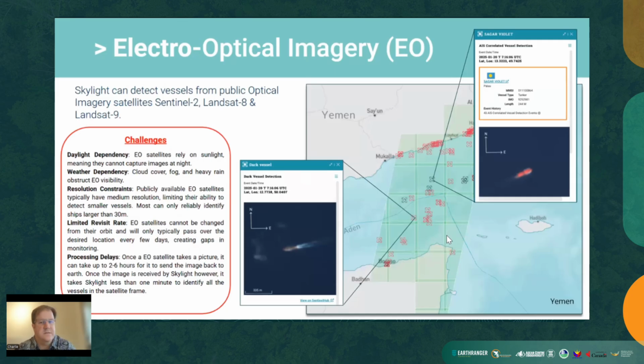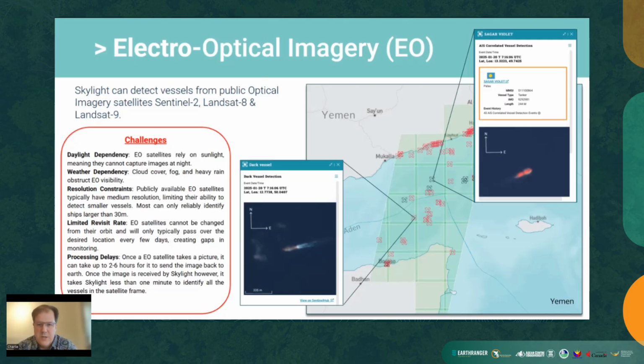So first, there is the traditional satellite imagery. We call it electro-optical imagery, that we're all used to seeing regularly when we think about satellite imagery. Basically a picture taken by a satellite from the sky. The two primary sources of satellite imagery are the European Union's Sentinel-2 system and the US's Landsat system.